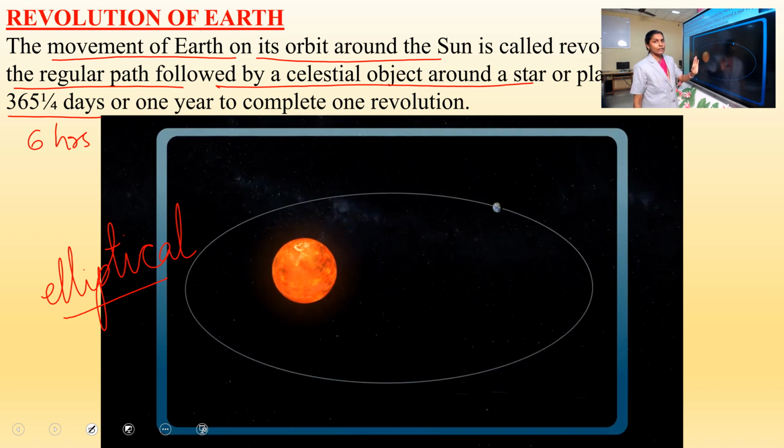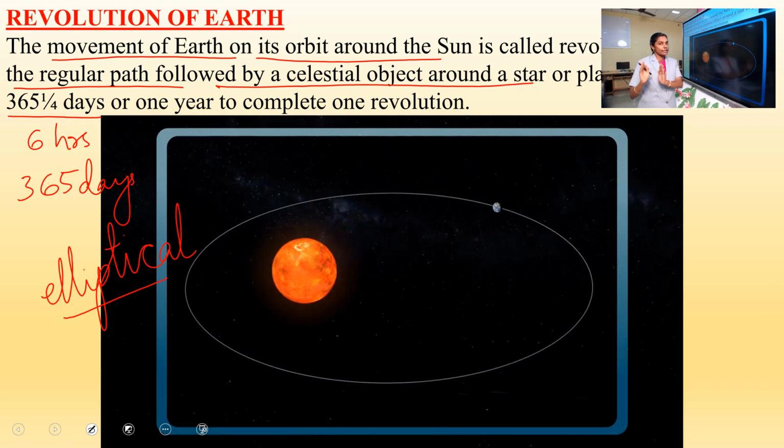So for a year, we consider 365 days. We consider 365 days. Okay? So this 6 hours will be kept aside because it is not convenient for us. We cannot add the 6 hours as it is. We cannot use the 6 hours.